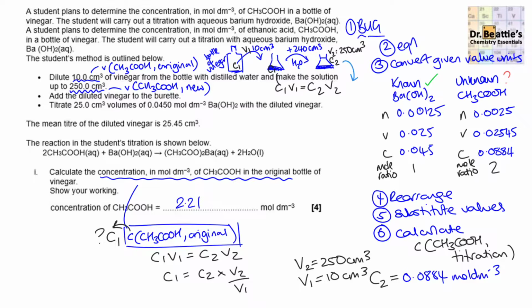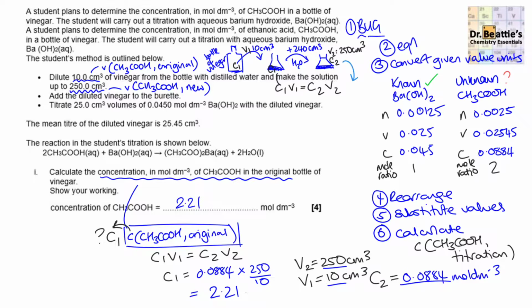So we're just going to input the values, because we've basically got to this bit, substitute values. We're just doing a second run through of this, just with this part. And if we do that, times by the 250, 10 centimeter cubed is our proper scaling. And if you work that out, you get 2.21. Final answer.